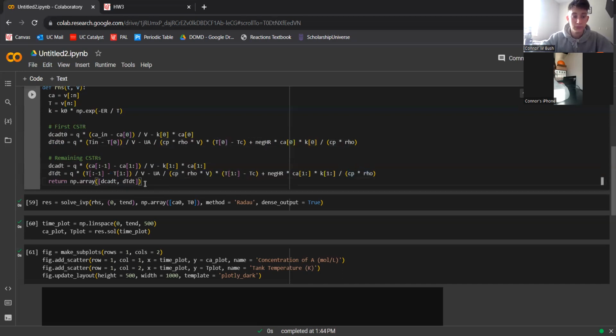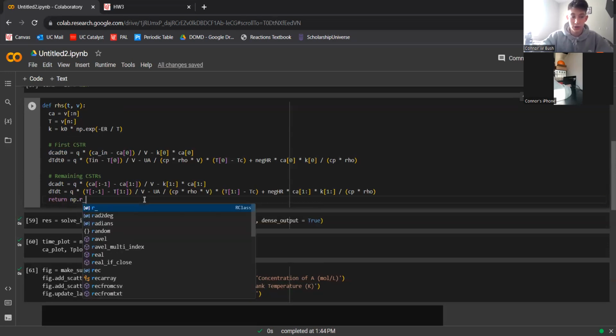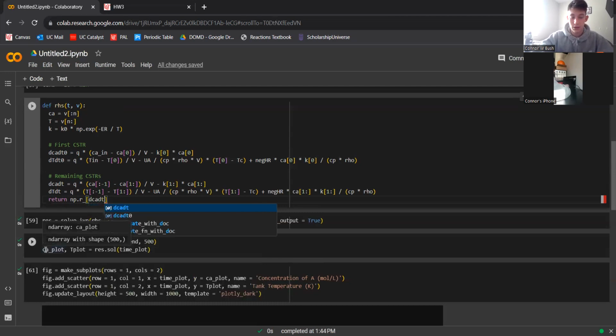Now, we're going to need to combine this initial concentration with the remaining, and then similar with the temperatures. So to do that, we can use this numpy.r underscore sort of formatting where we're concatenating these two arrays regardless of the shape of them essentially.